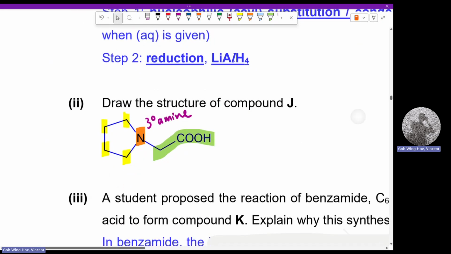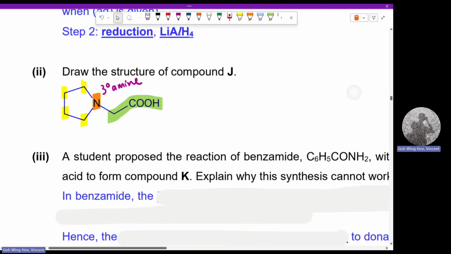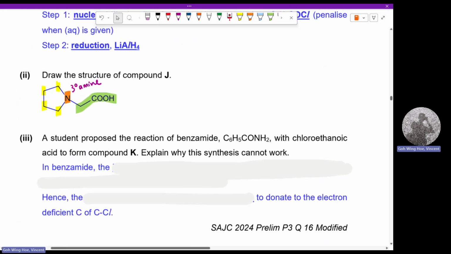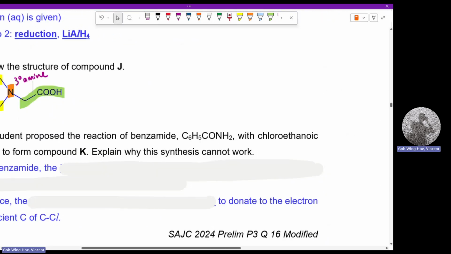Okay, moving forward for part 3, you have a scenario whereby a student proposed the reaction of benzamide with chloroethanoic acid to form compound K. The validity of this proposal, or the underlying basis of this proposal, can be examined from the structural formula of chloroethanoic acid.